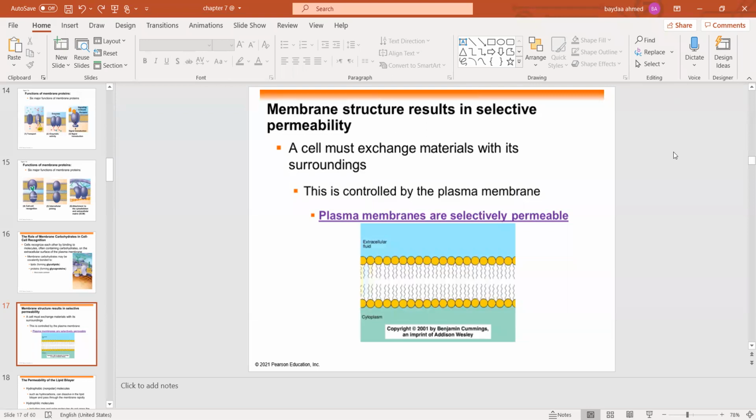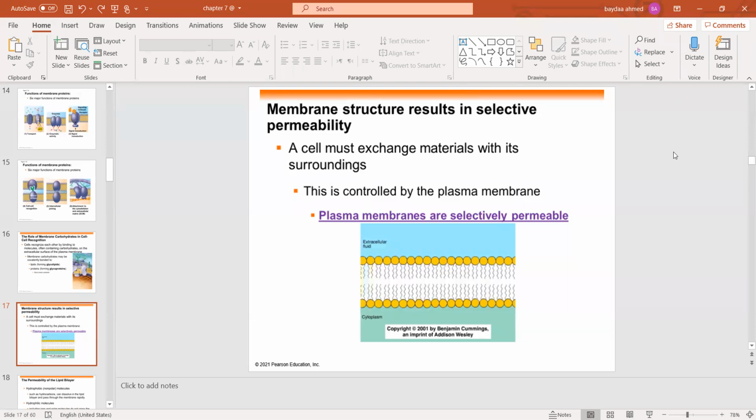The cell takes in oxygen for use in cellular respiration and expels carbon dioxide. Also, the cell regulates its concentration of inorganic ions such as sodium, potassium, calcium, and chloride by shuttling them one way or the other across the plasma membrane.